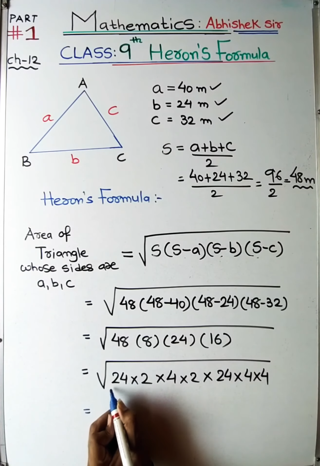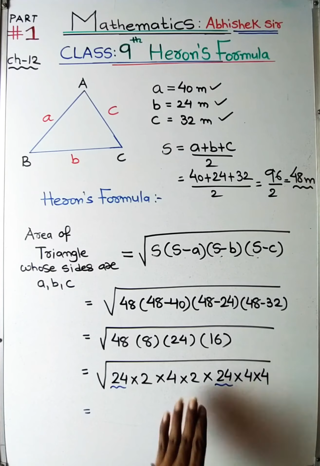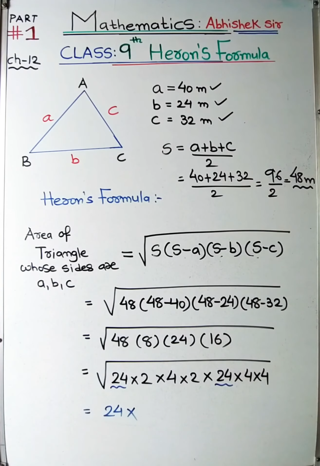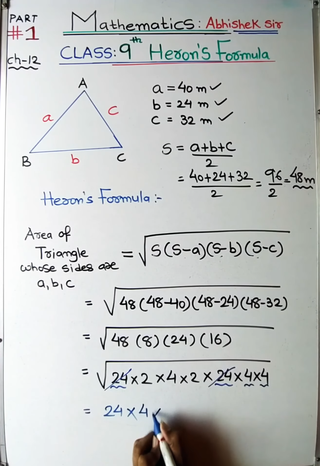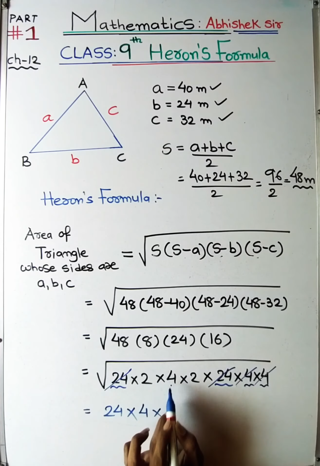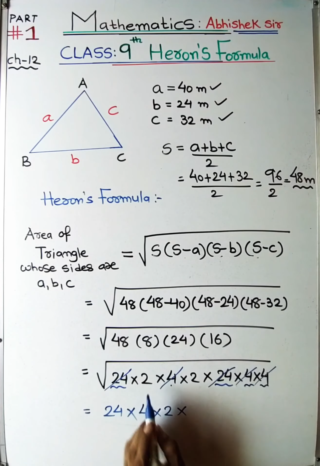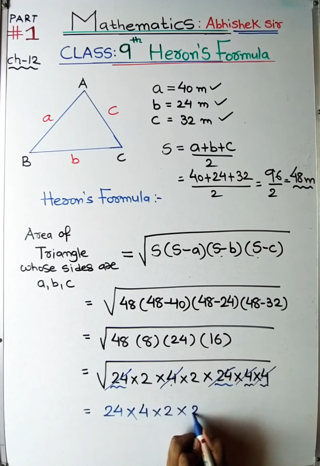So first of all we have 24 and 24, so 2 times 24 goes out of the root, becomes only 24. Clear? So these two are gone. Now 4 is repeated 2 times, so take one 4 outside. The square root of 4 will be 2, so this is also gone, and 2 and 2 are repeated 2 times, so take them out, becomes only 2.